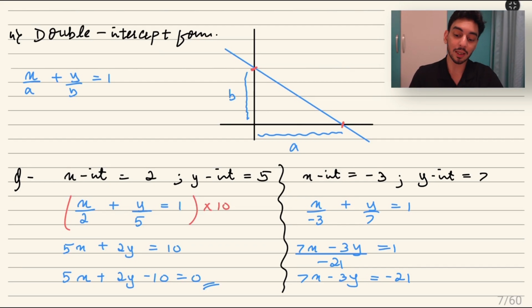Now the thing is, you don't have to know the double intercept form. Even if the intercepts are given to you, let's try to bypass this formula. Let's say you don't know the formula, or you don't like using the double intercept form. How do you do it? I have the two intercepts given to me.